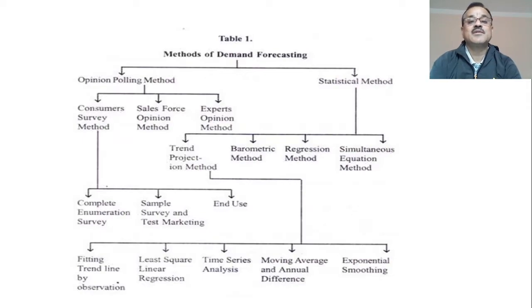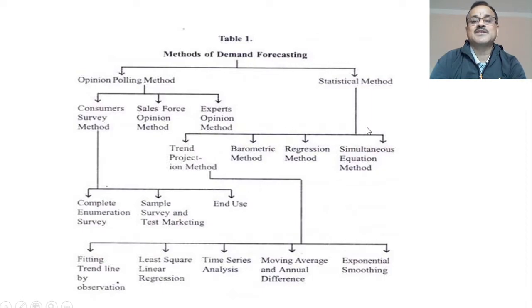It is a table to make the concept of demand forecasting clear. There are basically two methods: opinion poll method and statistical method. Under the opinion poll method, there are three segments: consumer survey method, sales force opinion method, expert opinion method. Under the consumer survey method, complete enumeration survey, sample survey and test marketing are used.